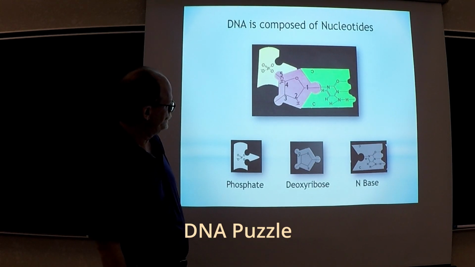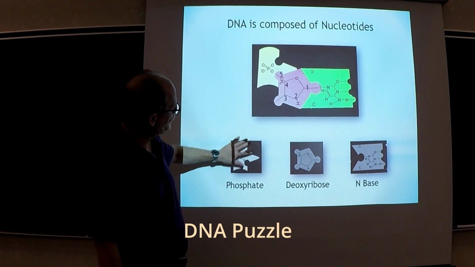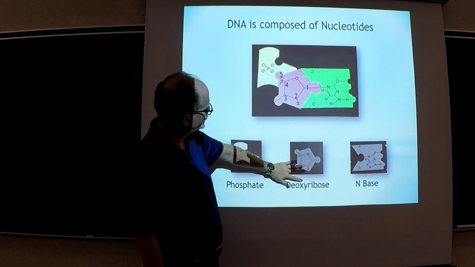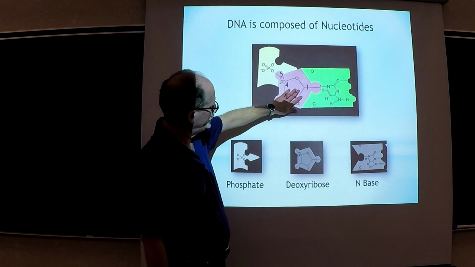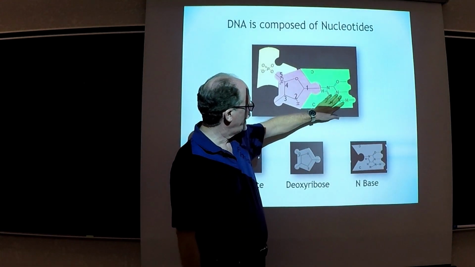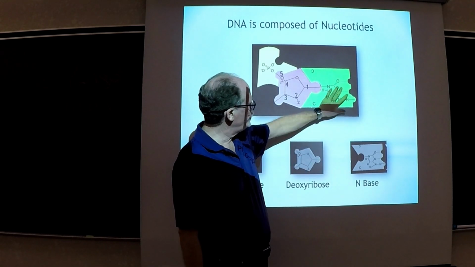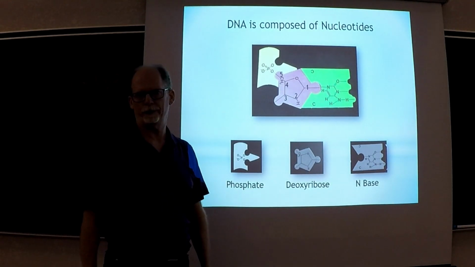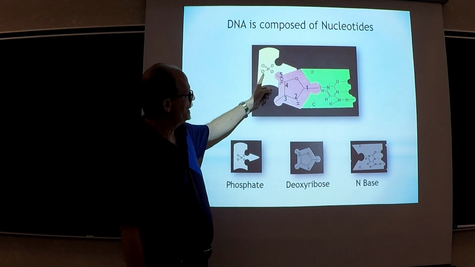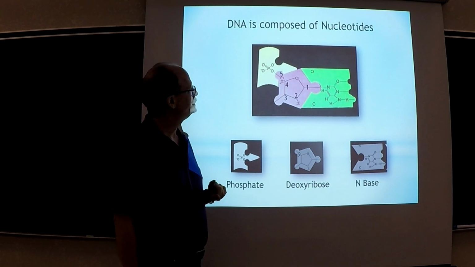So there's a phosphate, which is a yellow puzzle piece. There's a deoxyribose puzzle piece that looks pink or red. And then the different nitrogen bases have different colors depending on which one it is. But if I say, what's the yellow piece on a test?